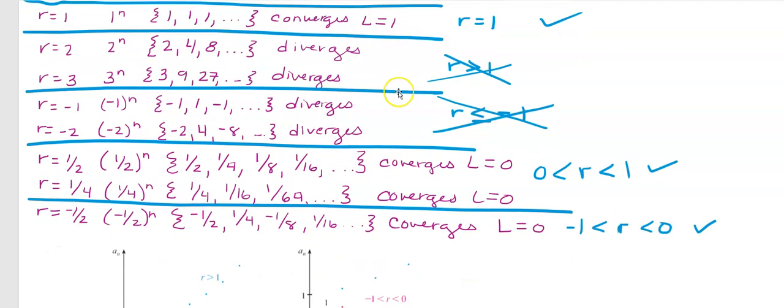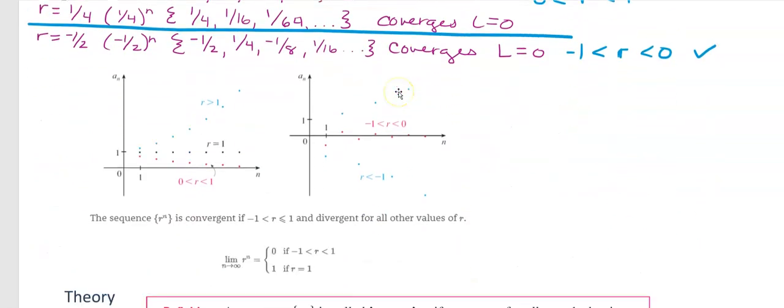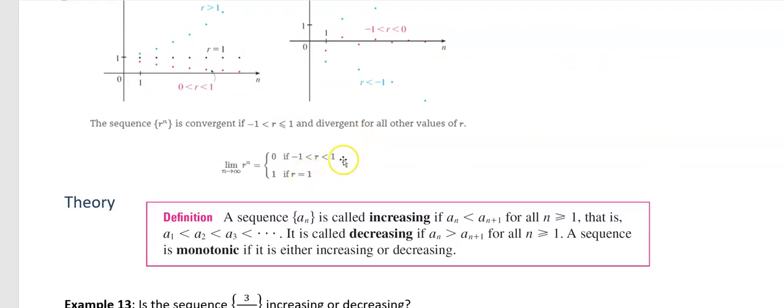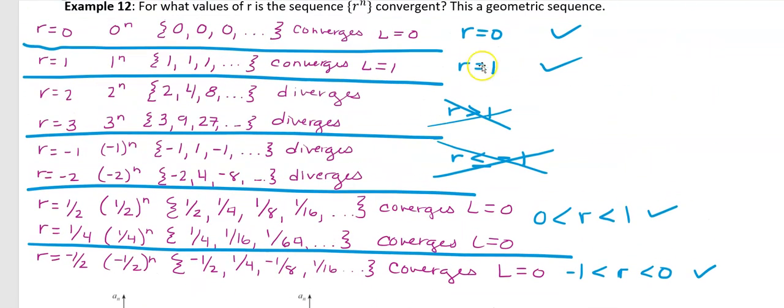So in summary, if we look a little further down, kind of putting all of these ideas together, we know that the sequence r to the nth power is convergent if we're dealing with values from -1 to 1, but including 1. So let's go back up and look at that for a minute. So is r between -1 and 1?